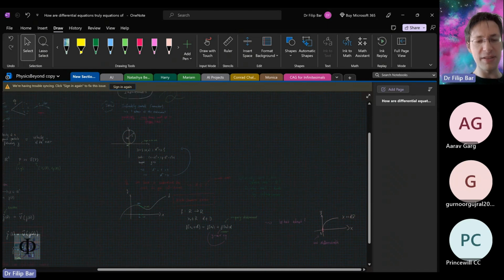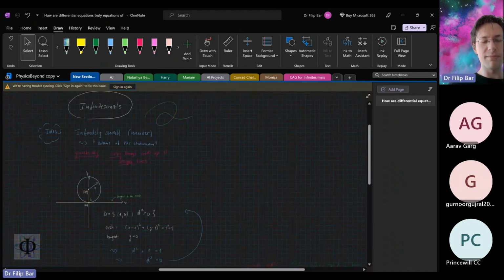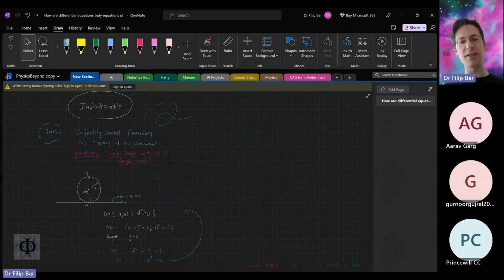Thinking about infinitesimals, we said, at the moment, out of the blue, we want to think about infinitesimals because we want to explain the idea of differential equation. Why is it really an equation of differentials, which we're going to tackle in the third part. And we just talked about infinitesimals. What is the core idea here? I'm thinking of infinitesimals as infinitely small things. I'm thinking geometrically of straight lines.